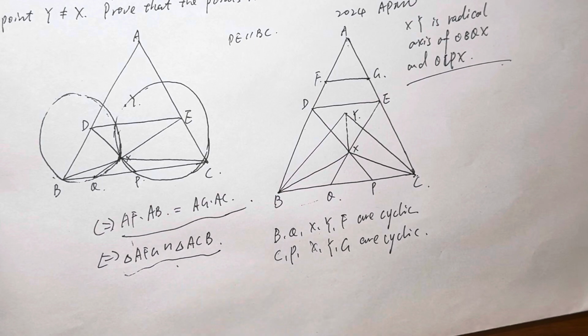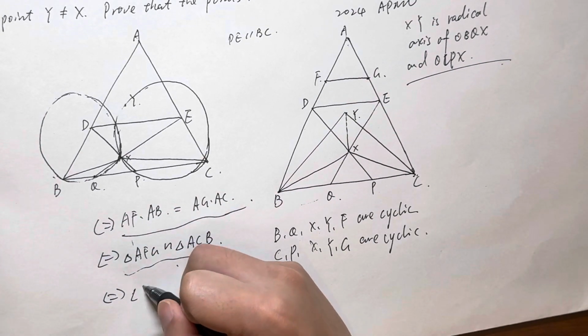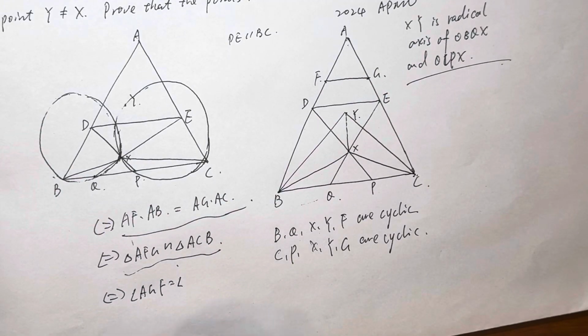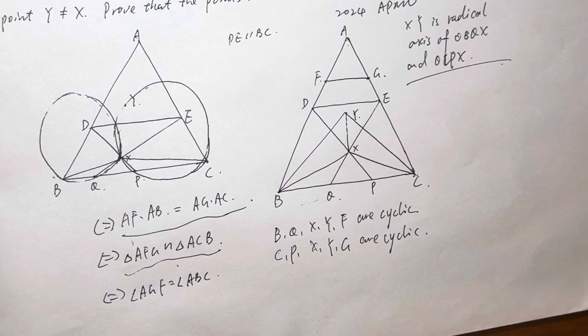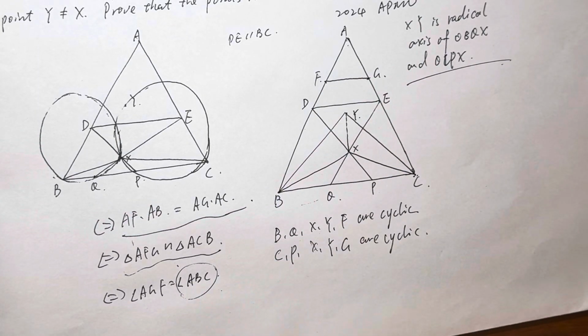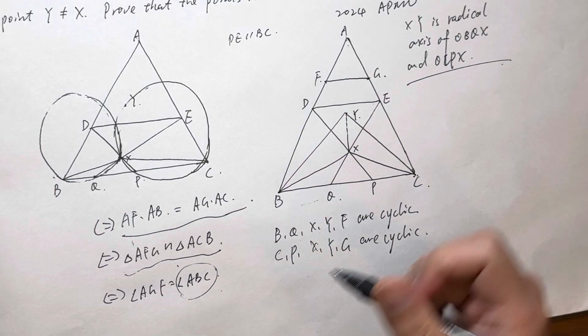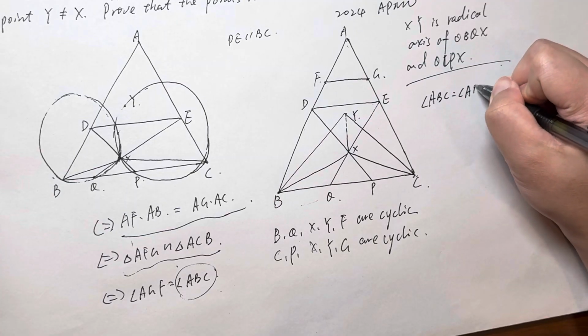If we want to prove this one, we just need to prove angle AGF equals angle ABC. Now the question is what is angle ABC? Because DE is parallel with BC, we know that angle ABC equals angle ADE.